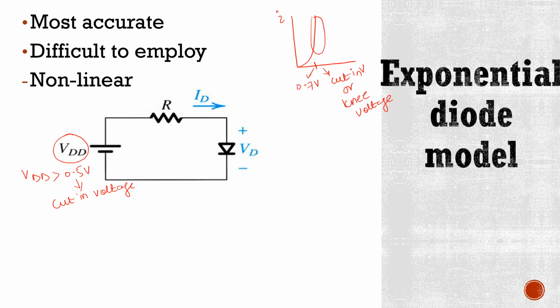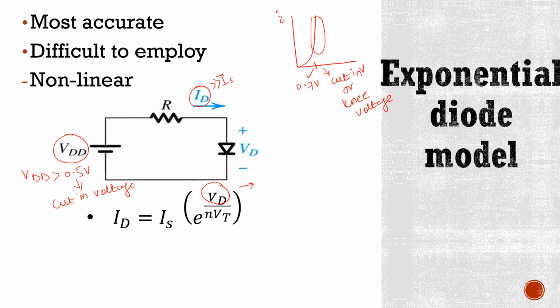Okay. Now here we assume that this diode current is much greater than saturation current. It means it is another assumption. We know that the diode current is given by the equation which is shown here, where this VD is the voltage across diode.